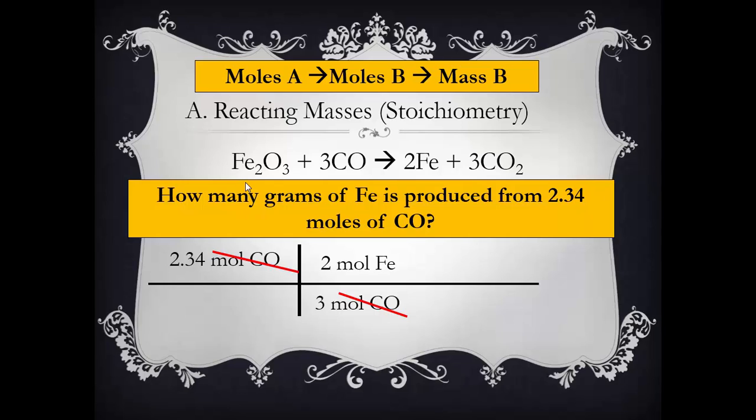We have to go to grams. So anytime you're dealing with mass, you always have to think molar mass. So you need the molar mass of iron, which is 55.845 grams. So notice the moles of iron cancel out. Do your math, multiply the top, divide by the bottom, you get 87.1 grams of iron.